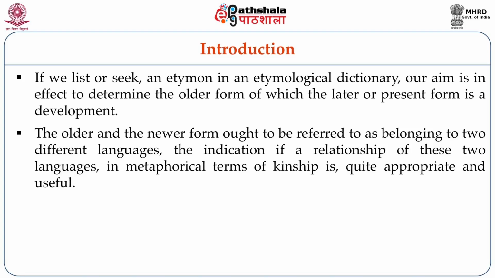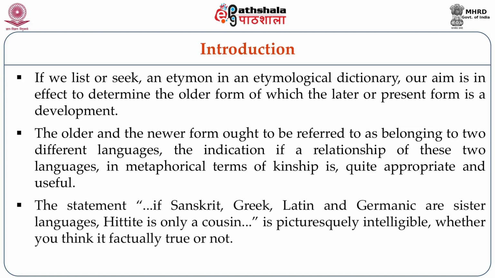The indication of a relationship of these two languages in metaphorical terms of kinship is quite appropriate and useful. The statement, "If Sanskrit, Greek, Latin and Germanic are sister languages, Hittite is only a cousin," is picturesquely intelligible whether you think it factually true or not.